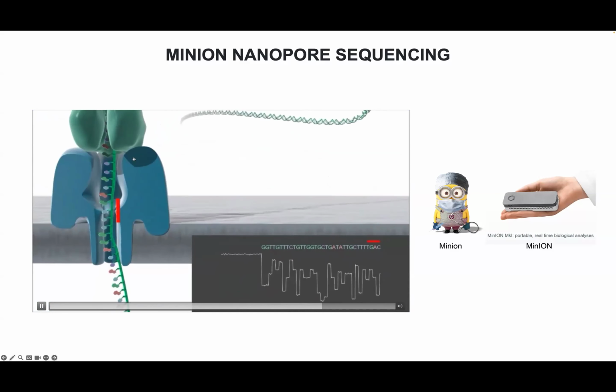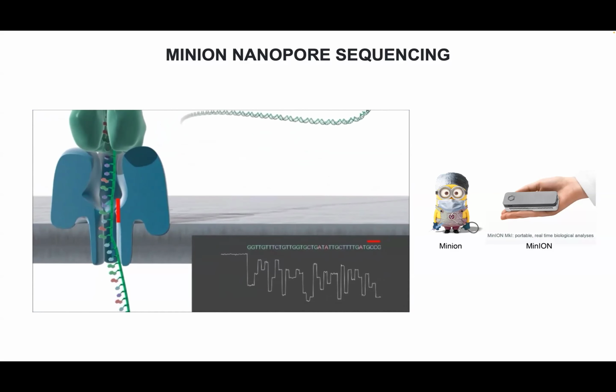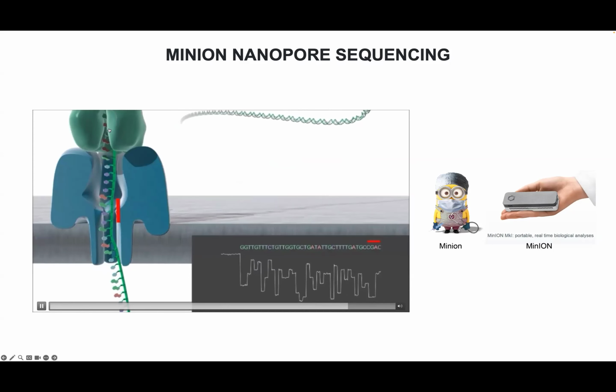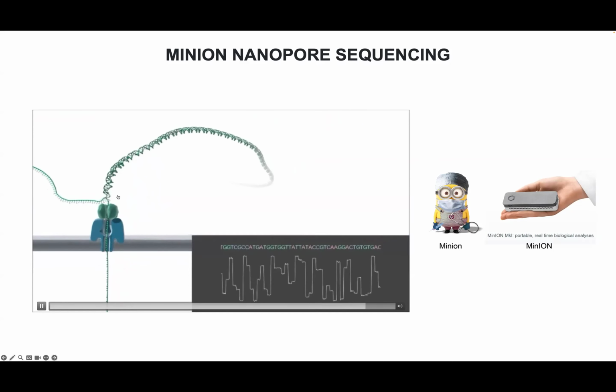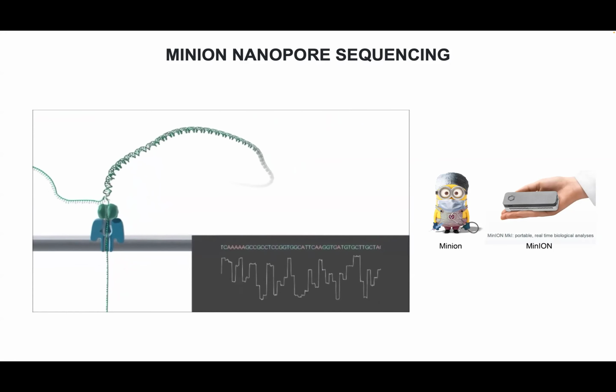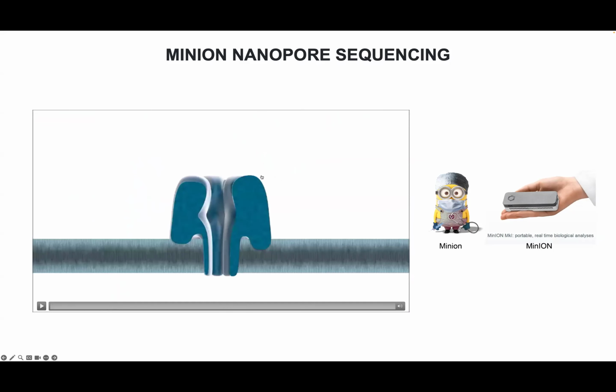Whenever one DNA piece has ended, the DNA will free the pore because it will go away from the protein inside the membrane.